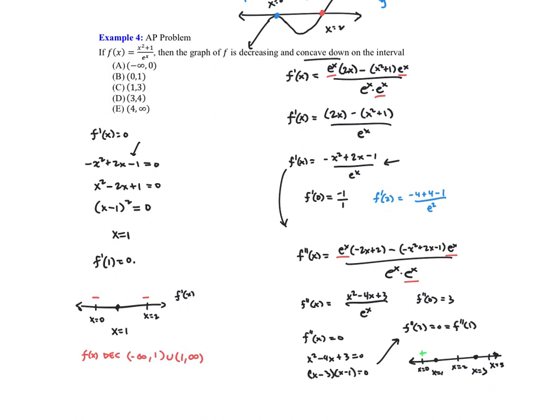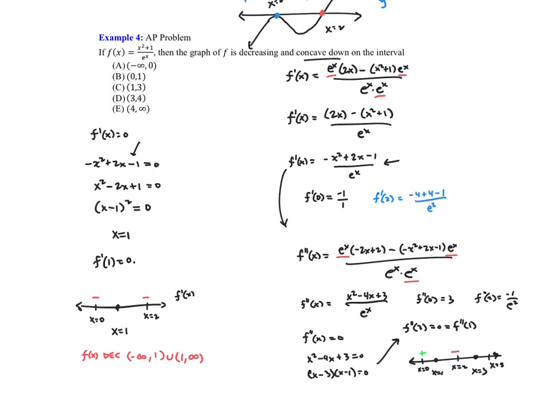How about f double prime at 2? Well, f double prime at 2 would be negative 1 over e squared. That'll be negative. Concave down there.